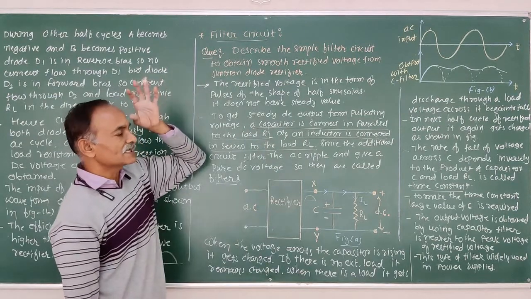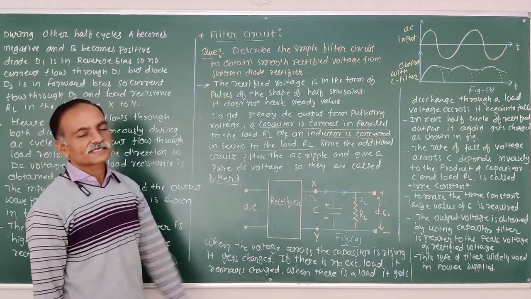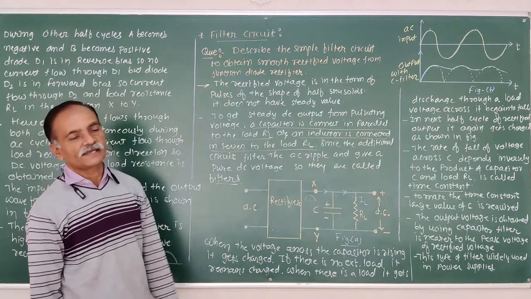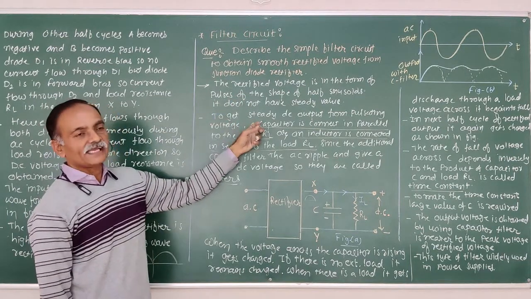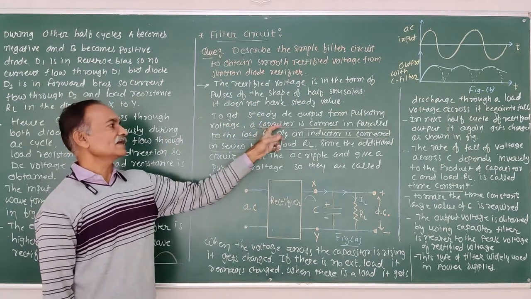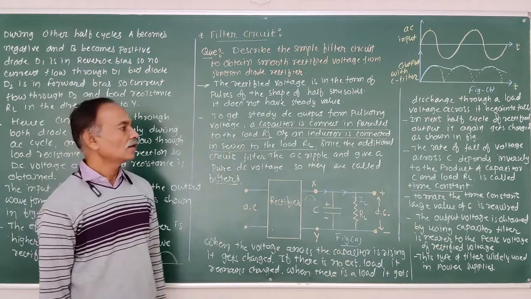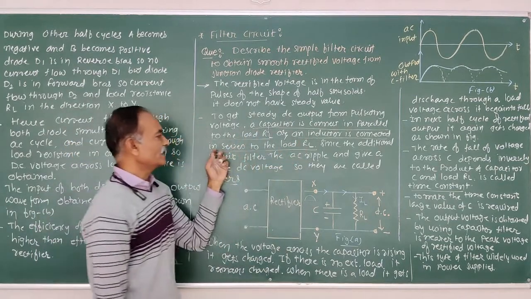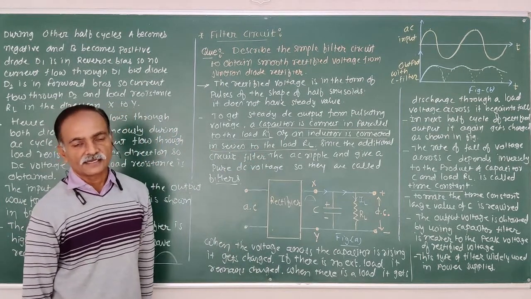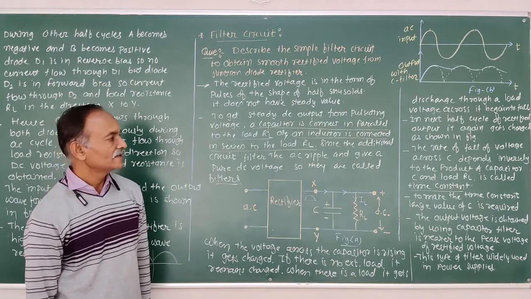So the answer to this question is that the rectified voltage is in the form of pulses of the shape of a half sinusoid. It does not have a steady value. To get a steady DC output from the pulsating voltage, a capacitor is connected in parallel with the load resistance R, or an inductor is connected in series with the load resistance R. That means the inductor and capacitor are used as filters.